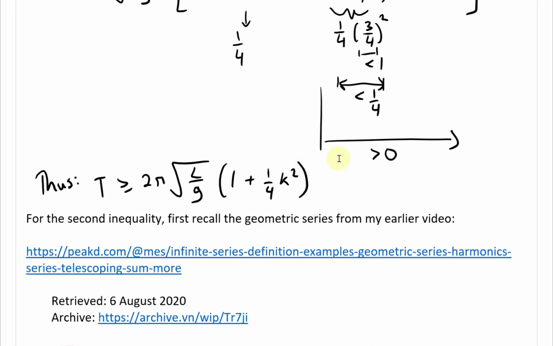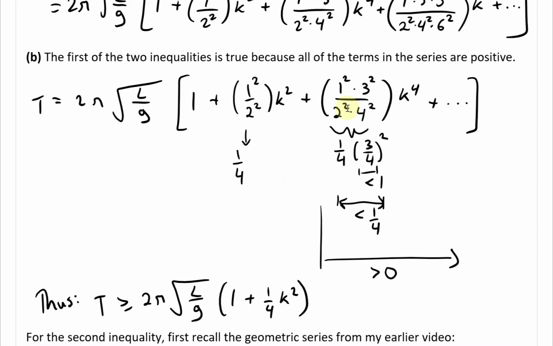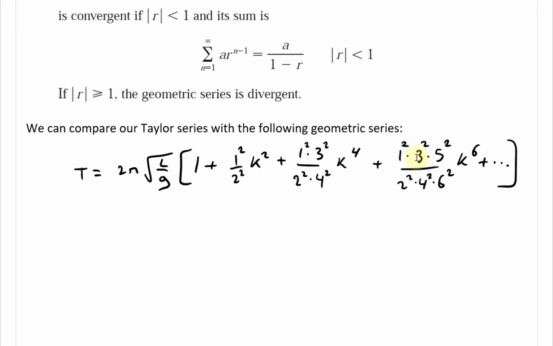In other words, all of these coefficients are going to be less than 1 over 4, because you're multiplying 1 over 4 by fractions every single time. Here, you're multiplying 1 over 4 by a fraction less than 1, and by a fraction 5 over 6 squared, also less than 1.